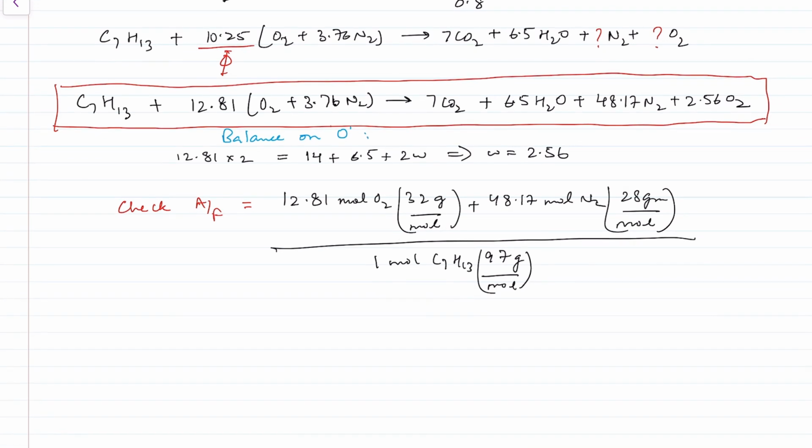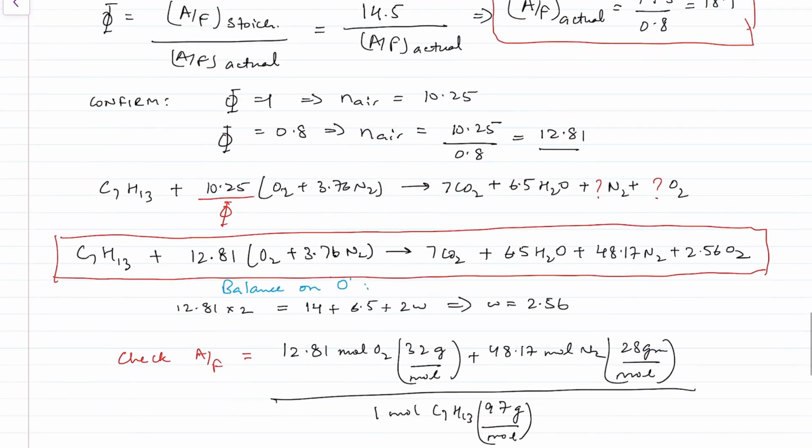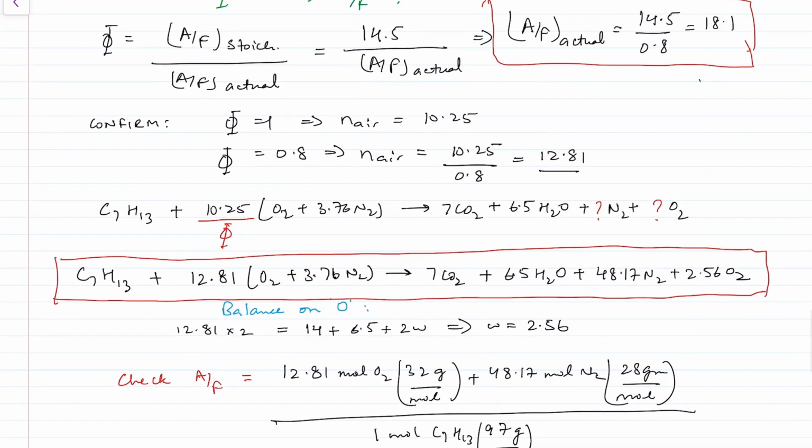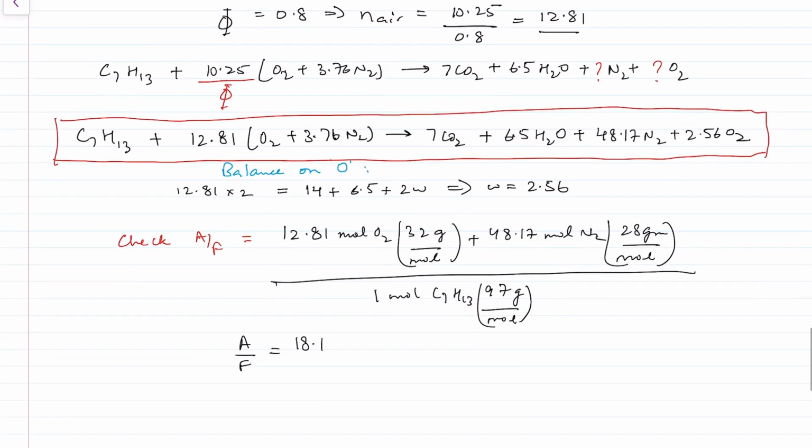If we calculate this, we get A by F equal to 18.1, which we had also calculated previously right here. So that means it all fits well together, confirming that we did not have any errors.